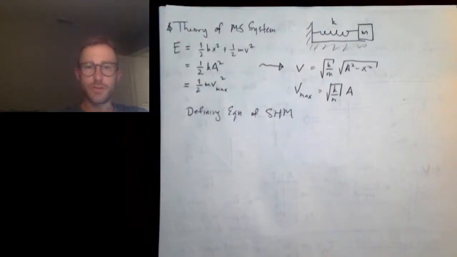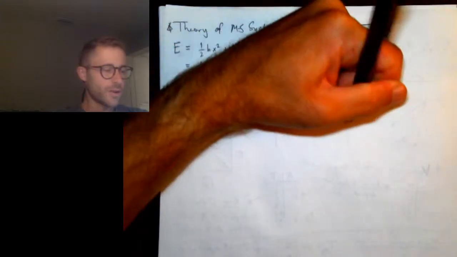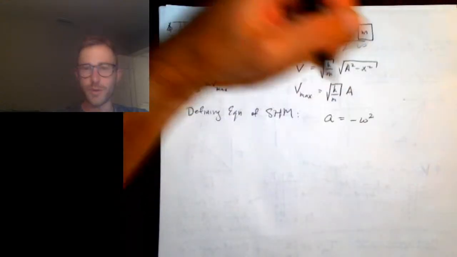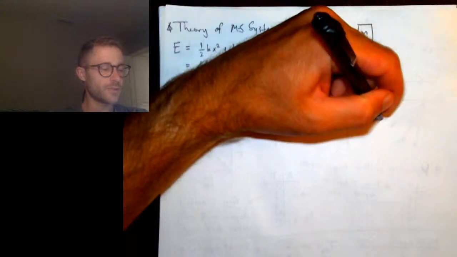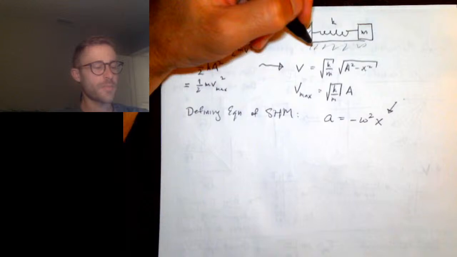The defining equation of simple harmonic motion is that the acceleration is minus a constant, which is called omega squared, times x, where x is the distance from equilibrium.